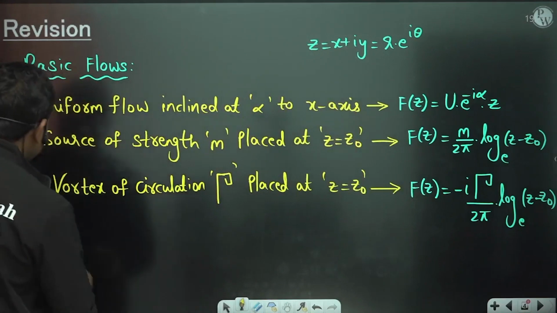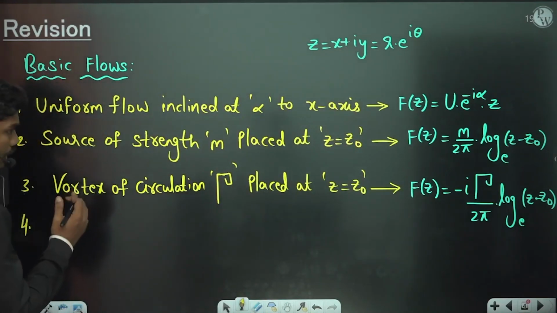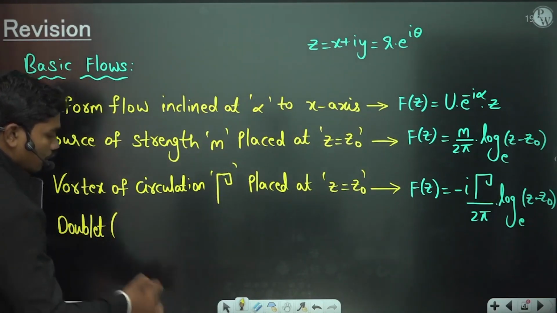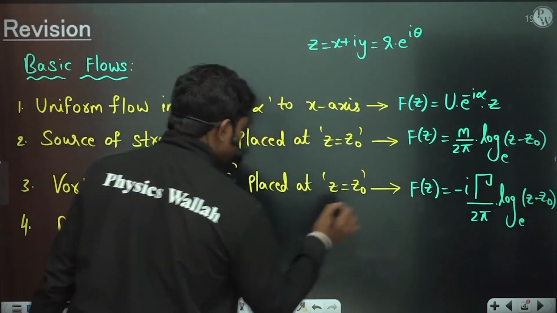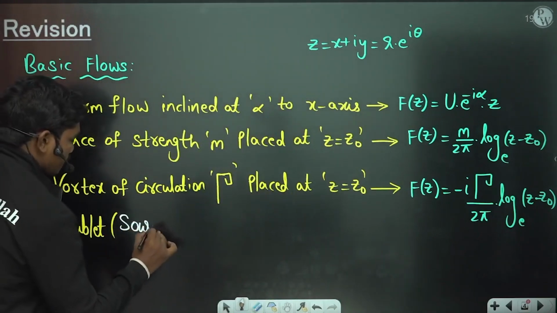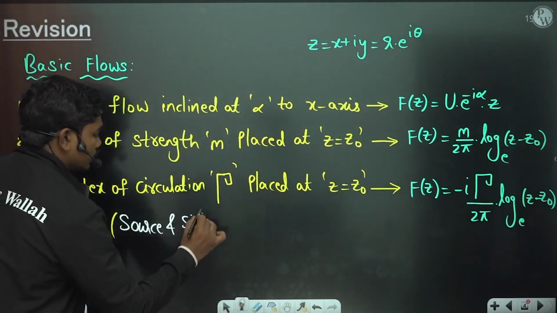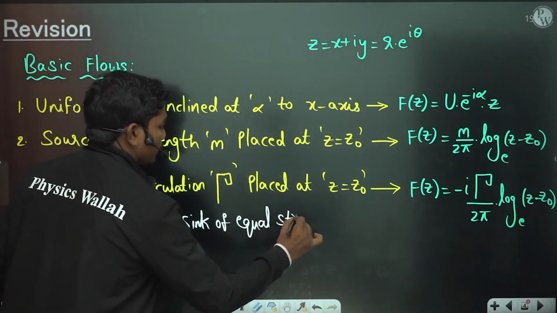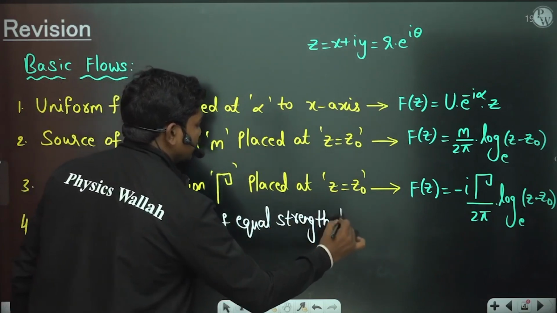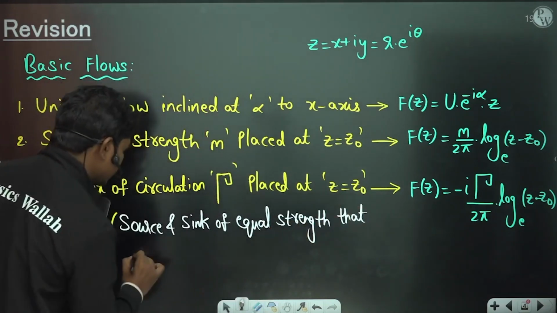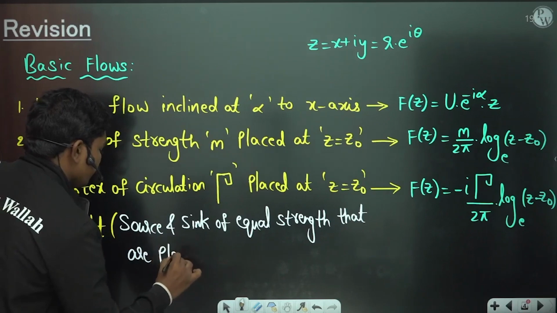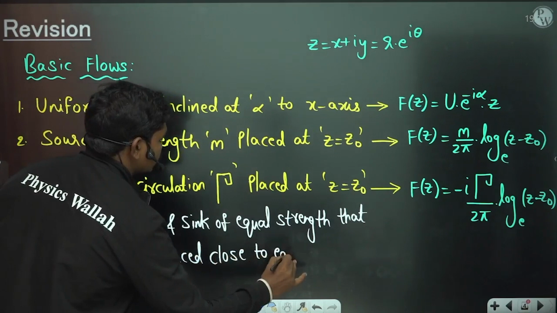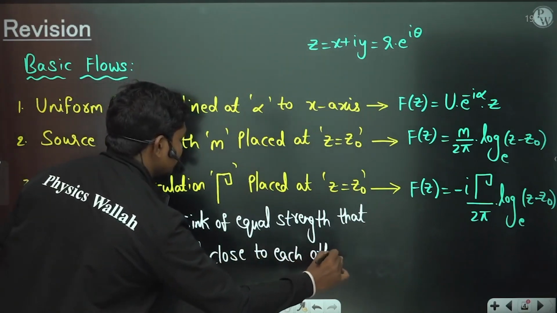So doublet is basically the combination of source and sink of equal strength that are placed very close to each other.